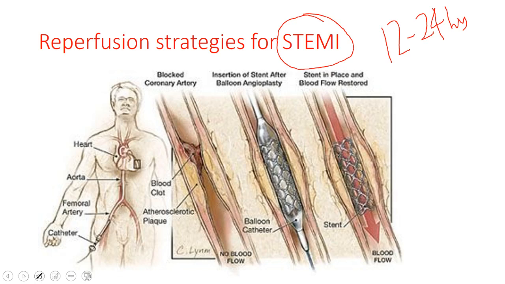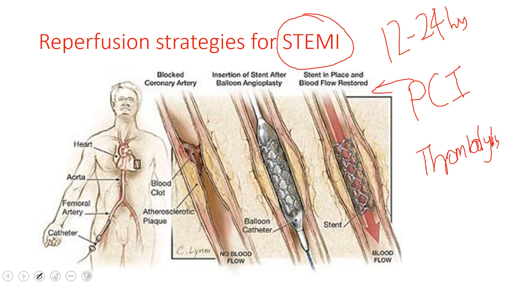And how do we achieve this reperfusion? One of two ways. You could use a surgical intervention called percutaneous coronary intervention, which is shown in this figure, or second is pharmacological, which is by use of thrombolytics.